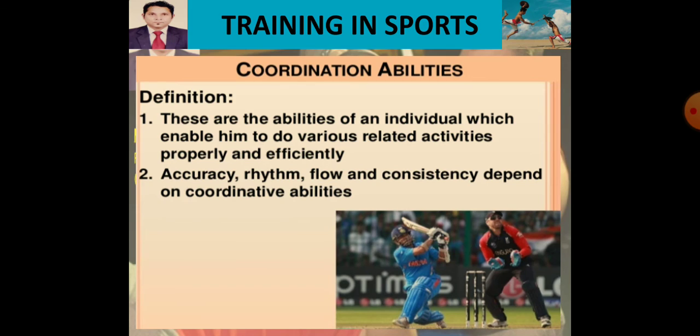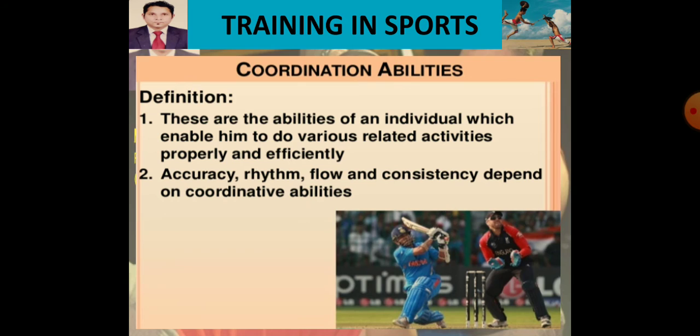The efficient performance of the central nervous system and the functional capacity of various sense organs are important for the existence and further development of the coordination abilities.